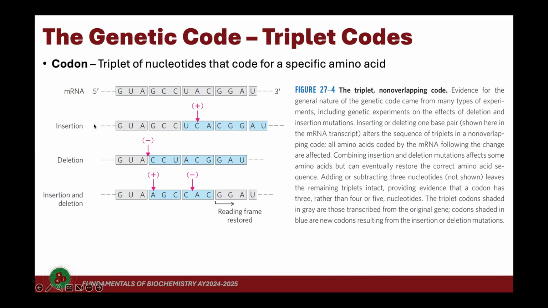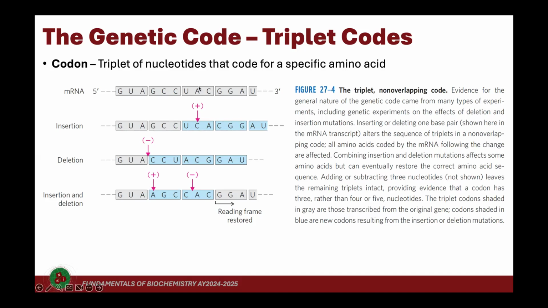So what they did are what we call insertion deletion experiments, wherein they tried to insert one nucleotide in the mRNA transcript, or they tried to delete one nucleotide. Okay, because if it is a non-overlapping code, it's very easy to see that if you insert or delete, you should get a totally different gene product because you disturbed the subsequent codons from the position where you performed the insertion and deletion.